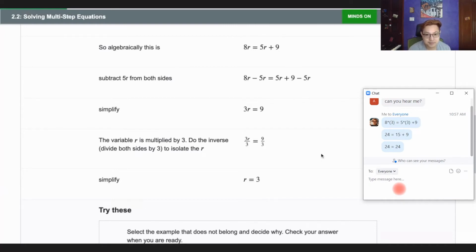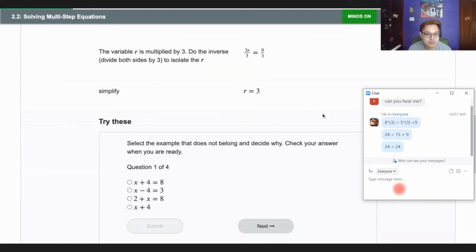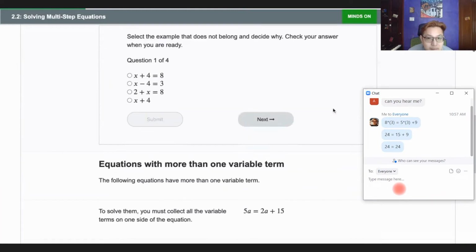Solving multi-step equations. Select an example that does not belong, and decide why. Does not belong. That is not an equation, it's just an expression. X plus 4.